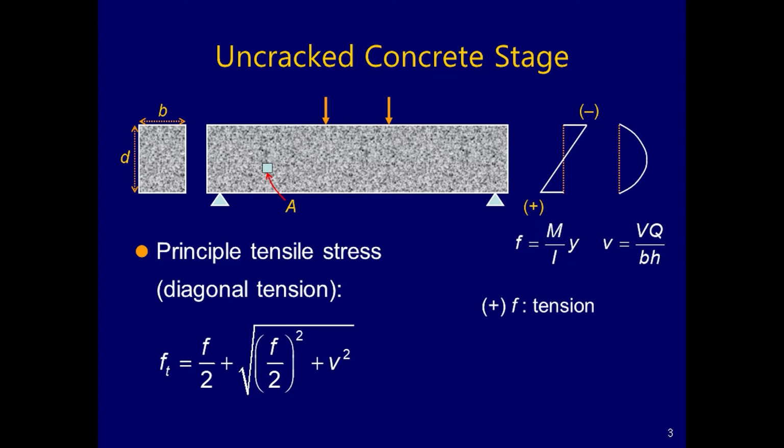So under bending, you have a certain tension stress, F, and then shear stress is almost maximum, V. Then in the Mohr circle, that point is right there, F, minus V. And the other point in the Mohr circle is 0, V. And you just try to draw the Mohr circle.